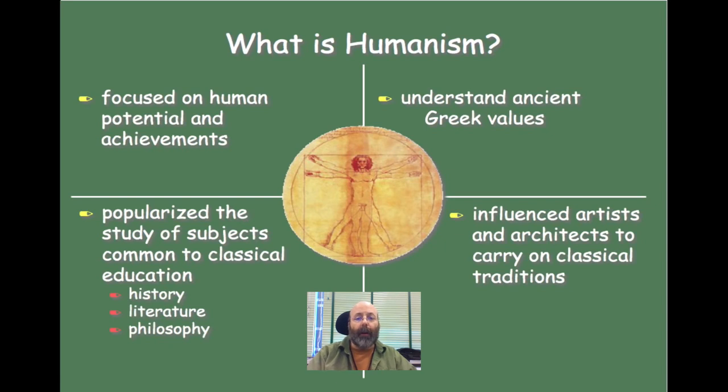Now, I want you to just think about this for a second. Humanism is a very important term to us because you are products of humanism. The public school system in the United States is really focused on teaching these sorts of things, focusing on human achievement, understanding the ancient past, artistic pursuits, the classical traditions, and the fact that today you still study history, literature, philosophy, math and science.